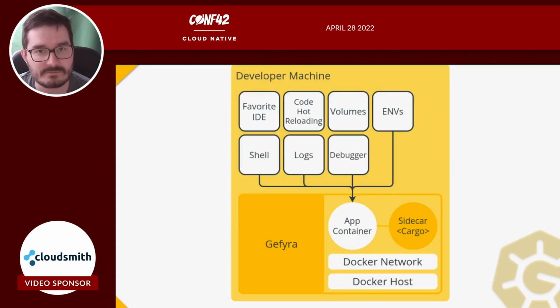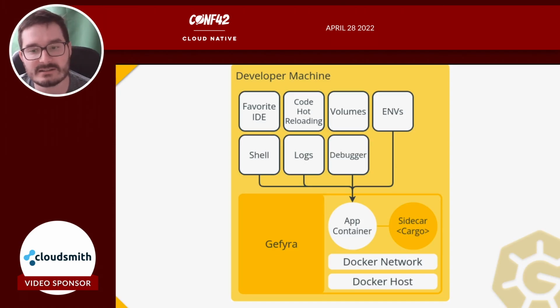One of the major project goals of Gefyra is to make use of conventional mechanisms and tooling that your developers are already working with nowadays. So, for instance, we'd like to support your favorite IDE, code hot reloading, and mounting the current state of your source into the development container.